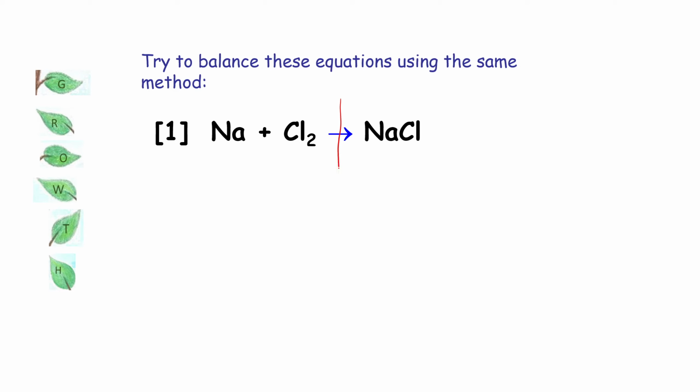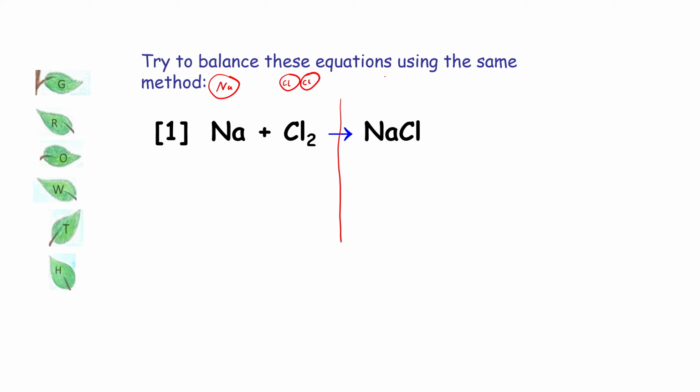First thing I'm going to do, I draw my line. I like to draw a line down the middle. If you want to, you can draw a particle diagram above, which might help you. So I'm going to draw the particle diagram above at the moment. So I've got 1 atom. This is a chlorine, Cl with a Cl.